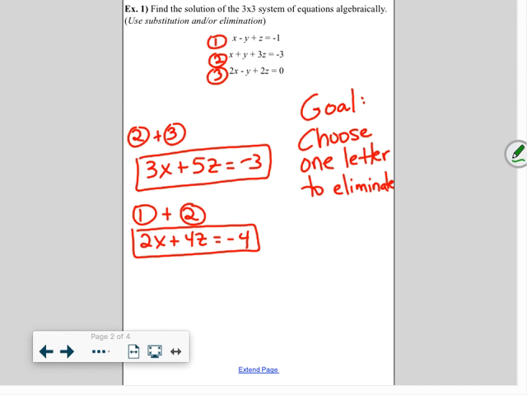So guess what we did? This is super cool. I just created a 2 by 2. And remember, you guys rocked the quiz last week. You know how to solve a system with 2 equations and 2 unknowns. Go for it.